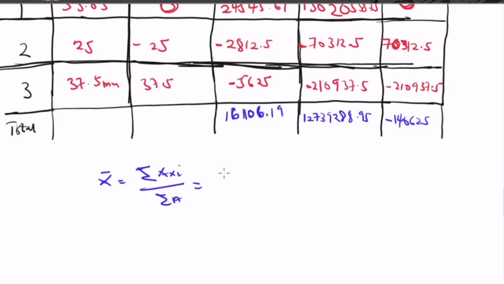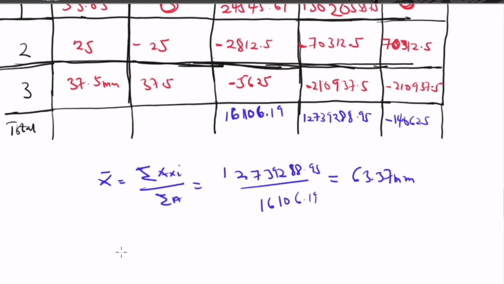So you're going to get 1273988.95 divided by the summation of the area, 16106.19. And when you do that correctly, your answer should give you 63.37 millimeters.